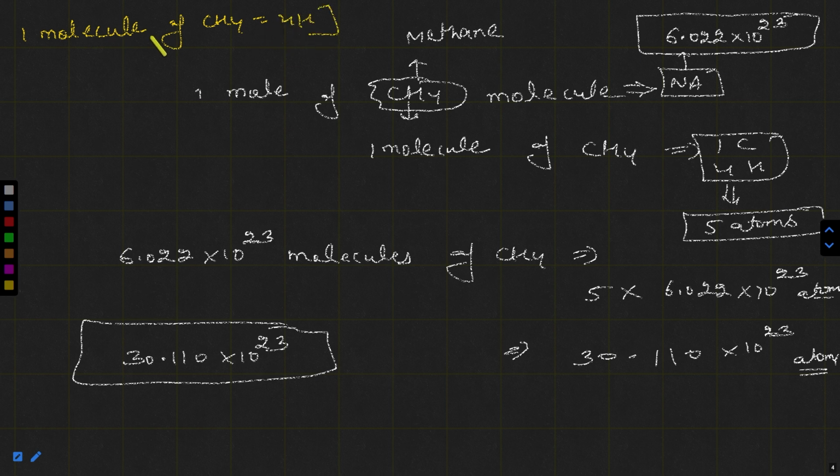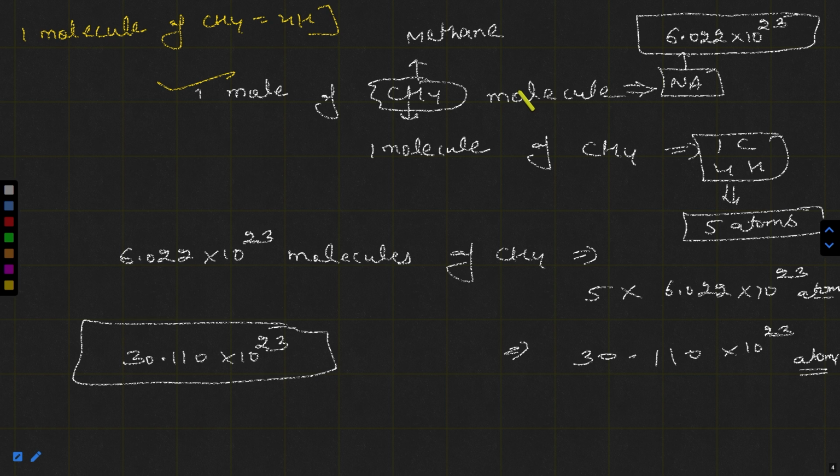If in 1 molecule of CH4, 4 hydrogen atoms are there, so you know very well that in 1 mole of CH4 molecules, we have 6.022 into 10 raised to the power 23 molecules.